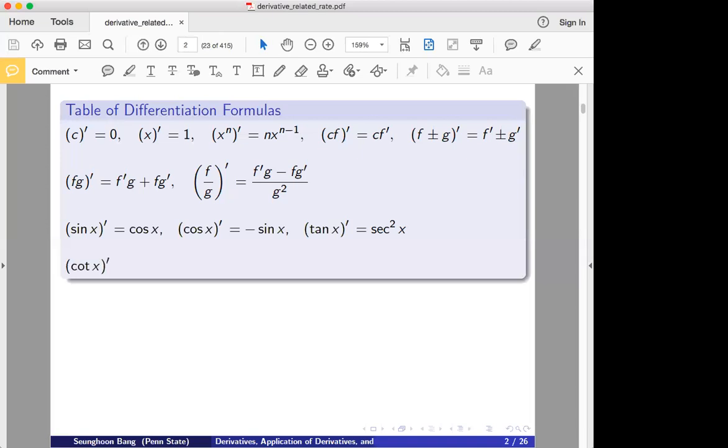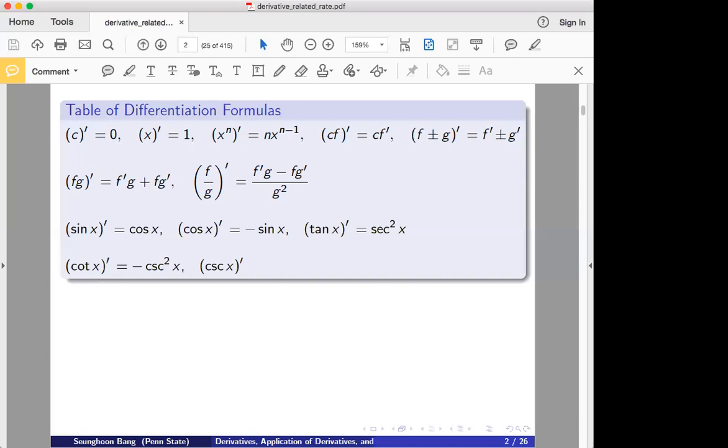So what about cotangent prime? Do you remember cotangent prime? The answer is negative cosecant squared of x. Cosecant x prime is, what's that?